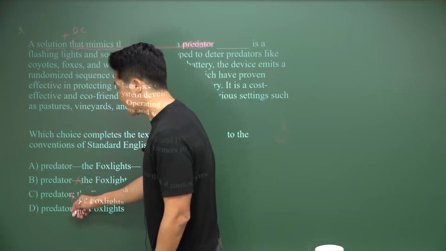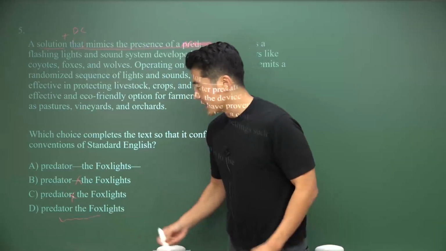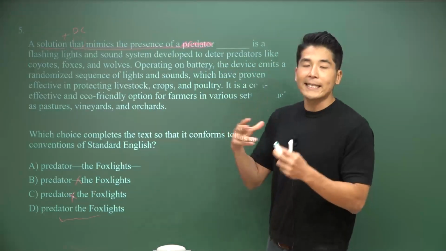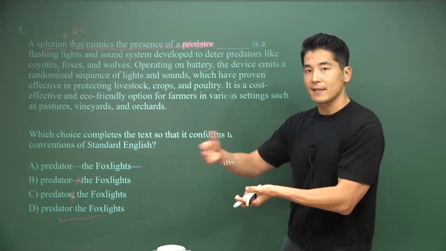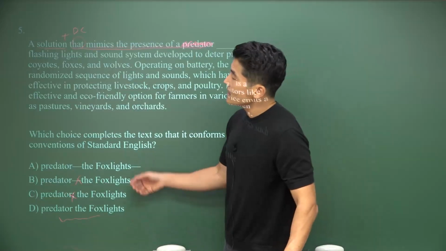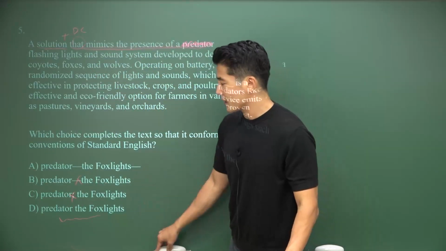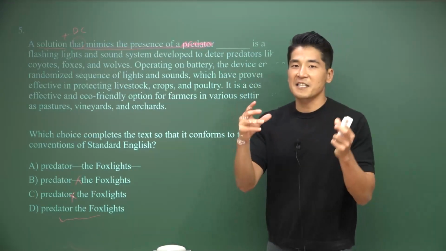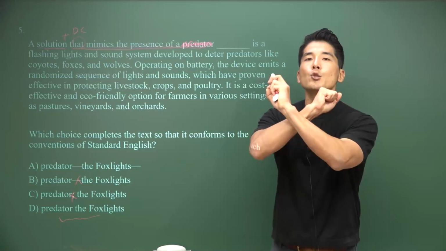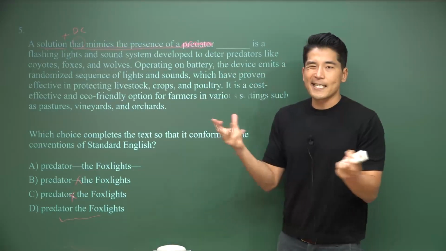Now, notice how D sounds really funny here. If you read this, you wouldn't read it like it's grouped together. You would have to separate the information. You wouldn't say, "a solution that mimics the presence of a predator the fox lights." "Of a predator the fox lights" is an example of words that do not belong together, because what sense does it make?